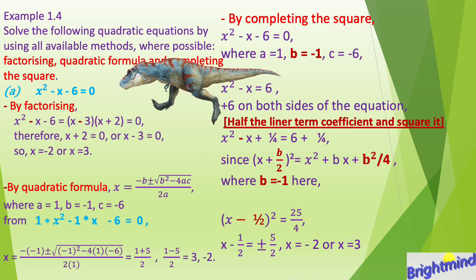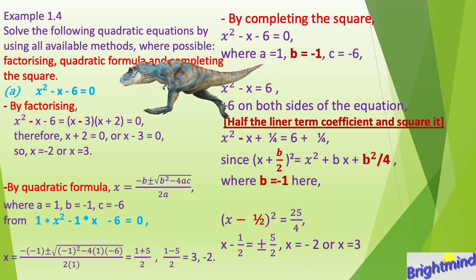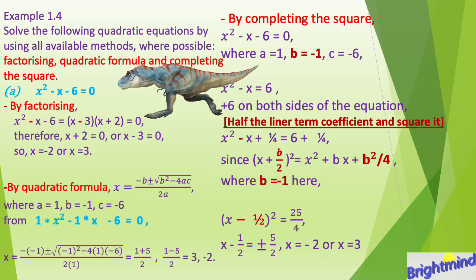Example 1.4. Solve the following quadratic equations by using all available methods where possible: factorizing, quadratic formula, and completing the square. A. x squared minus x minus 6 equals 0.